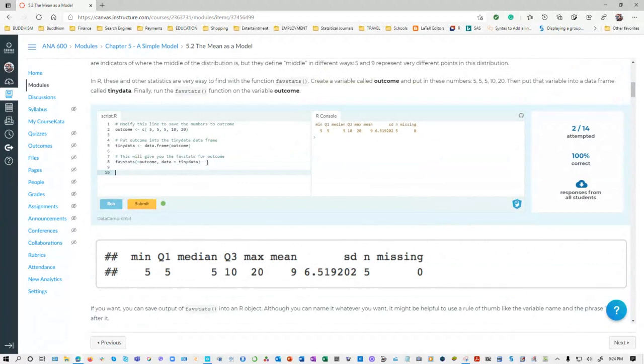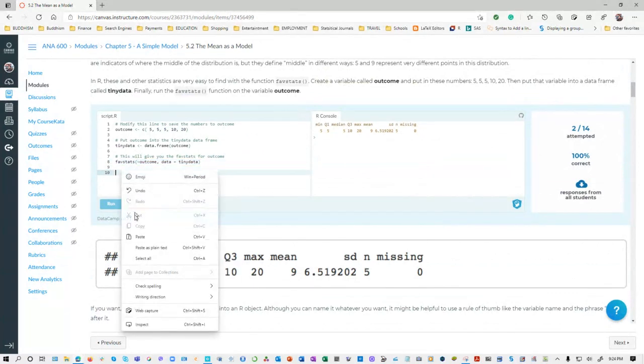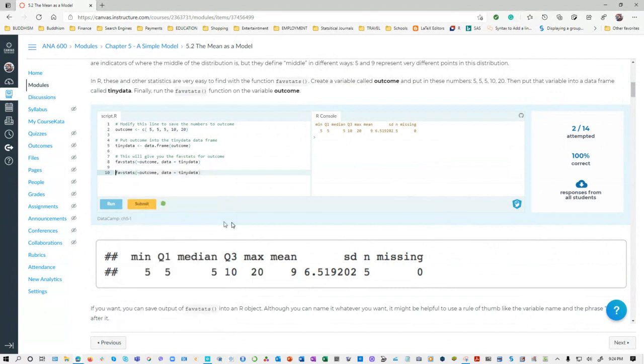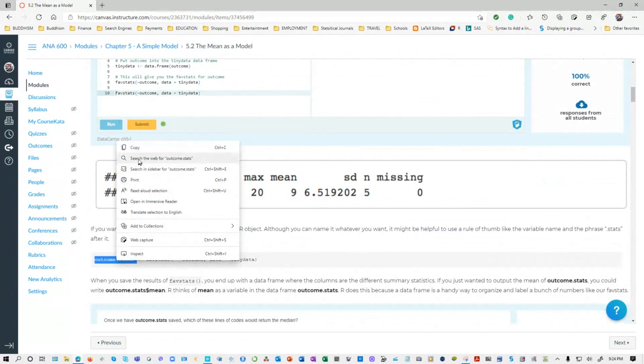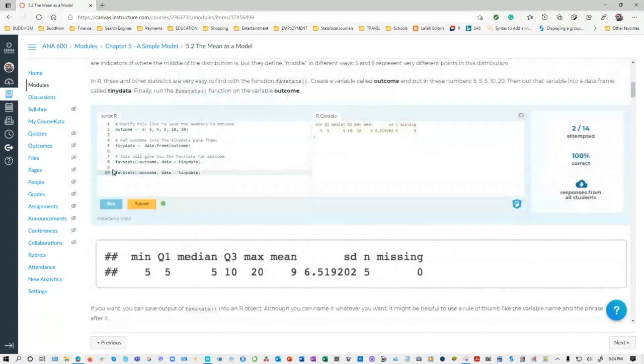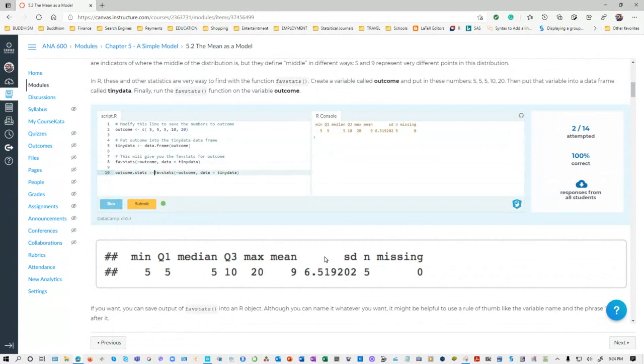This is what they were talking about. They say get this, and then save these favstats, the five number summary, into something called outcome stats. Those are the statistics of the outcome variable. If I run it, I don't see this one yet.